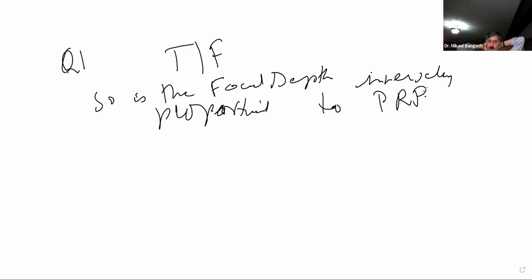Would it be true to say that your focal depth is inversely proportional to the pulse repetition period?